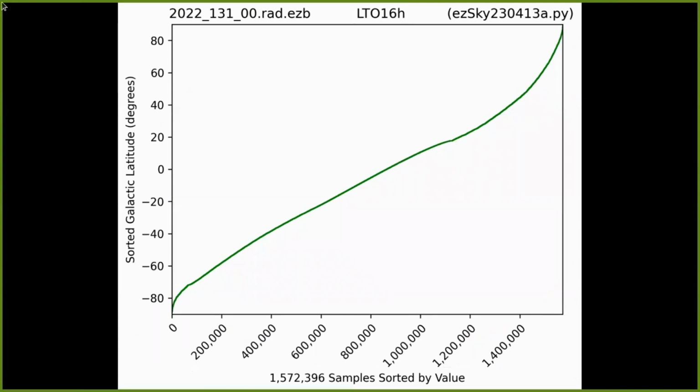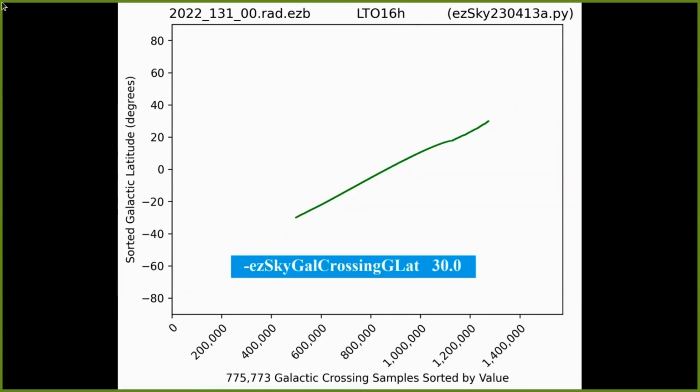If we take all those galactic latitude values and sort them by their increasing value, we get a slow curve of lots of values. ezGal focuses on those values near the galactic center at 0. Here is shown the galactic latitude samples between plus 30 and minus 30 degrees.